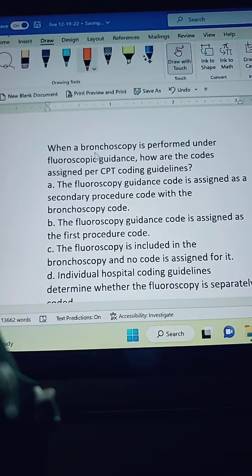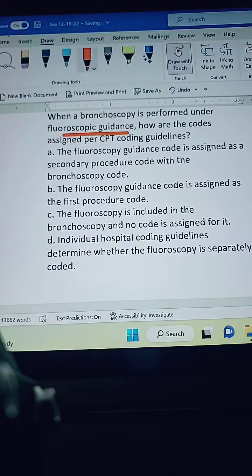Okay, when a bronchoscope is under fluoroscope guidance, I think I got this from CCS. How are codes assigned according to CPT coding guidelines? Bronchoscope with fluoroscope, isn't that included? Fluoroscope guidance, fluoroscope, nothing, or individual hospital.